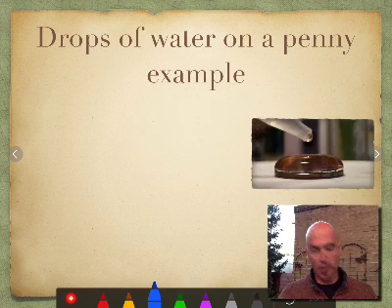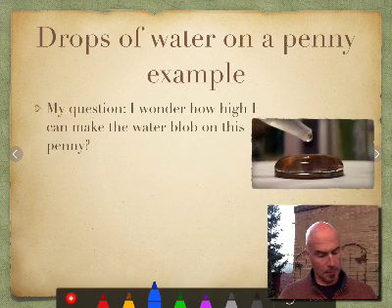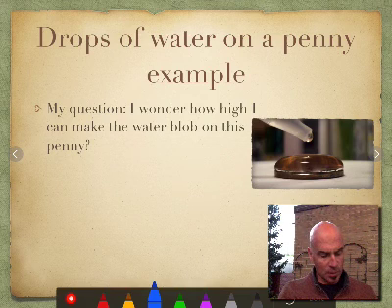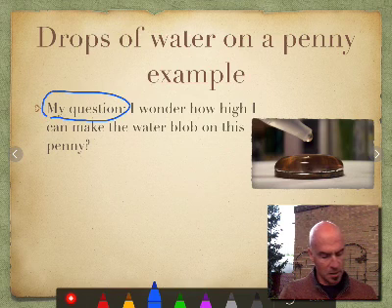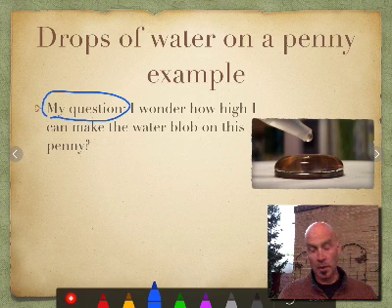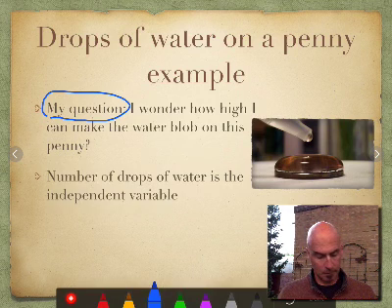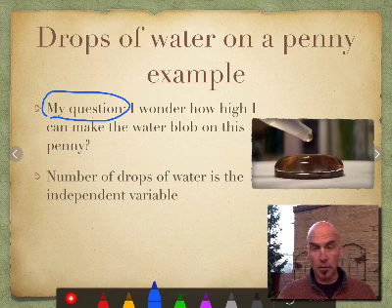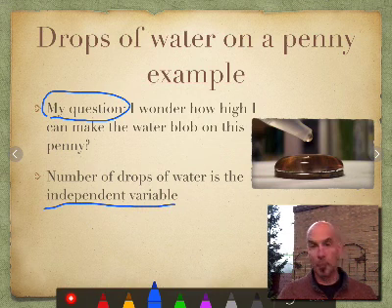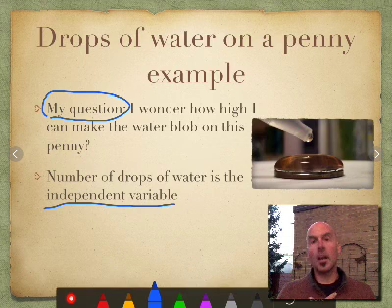So let's get to the drops of water on a penny example. So my question, and by question I can also say that this is sort of my hypothesis, I wonder how high I can make the water blob on this penny. So the number of drops of water, this is the independent variable. And it's independent because I can control it.